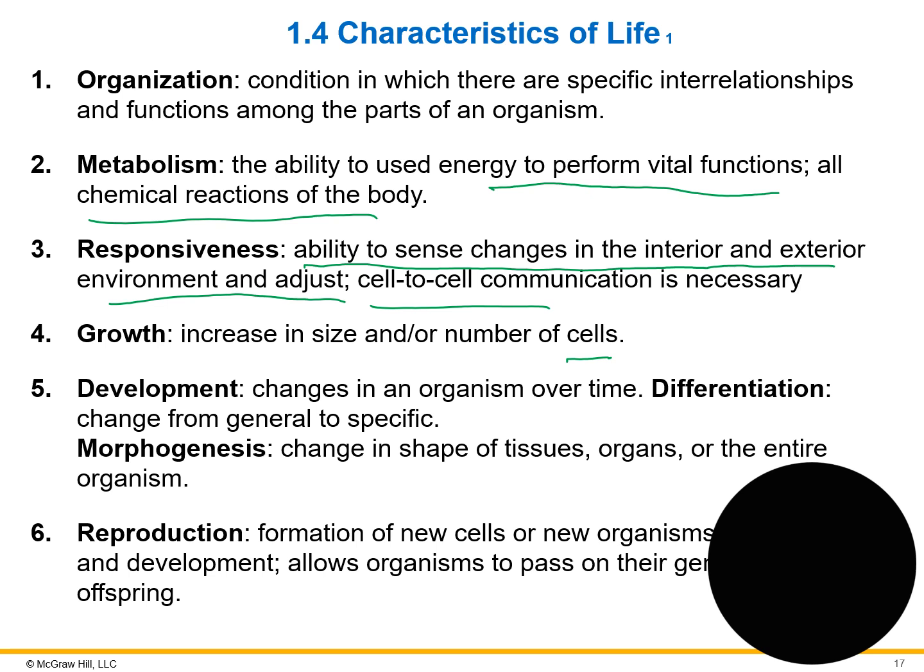Development is changes in an organism over time. You can think about when you went to kindergarten or first grade; from that point to this, a lot of changes have happened in our system. Then differentiation. In the beginning of development, we were actually one cell.